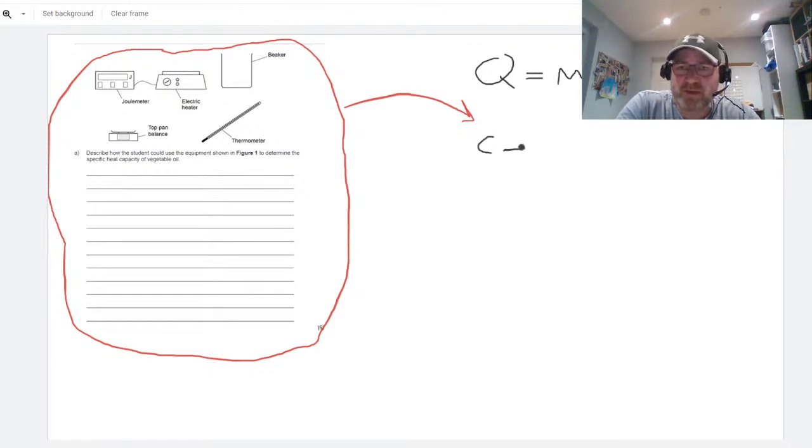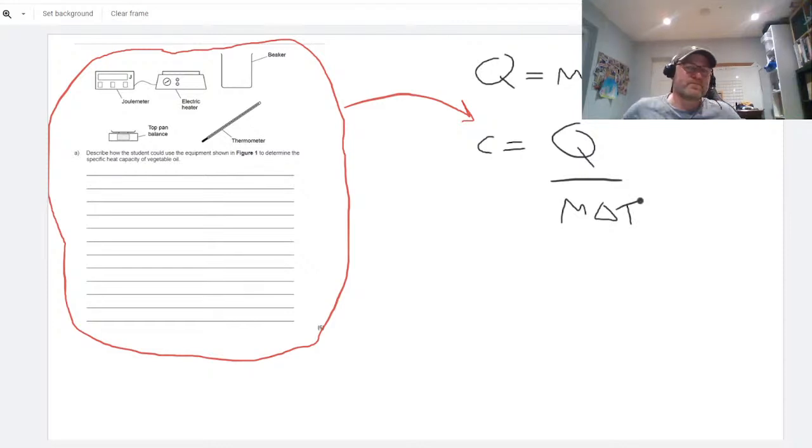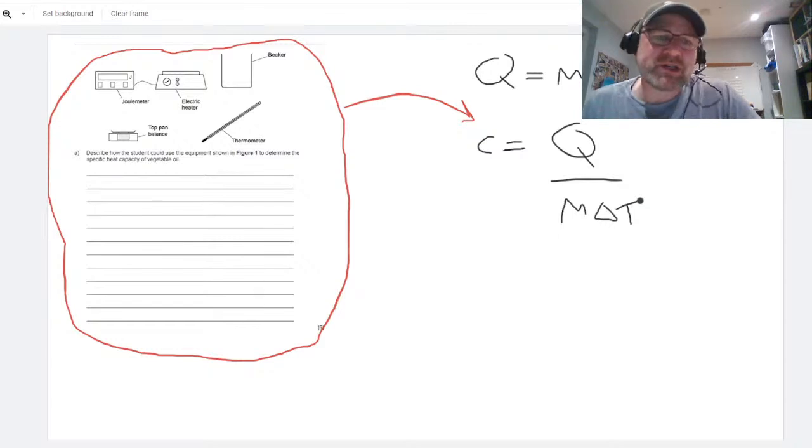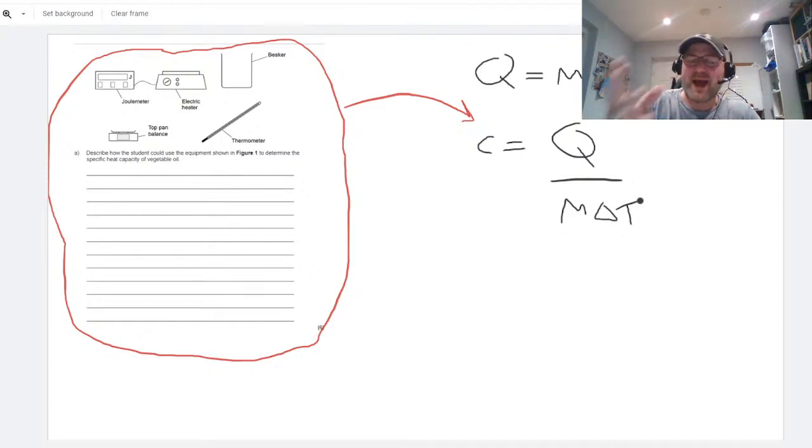To find specific heat capacity, it's Q over mass times change in temperature. So you get a mark for rearranging the equation, a mark for recording the initial and final temperature, a mark for saying how you're going to weigh the liquid, and that type of thing.